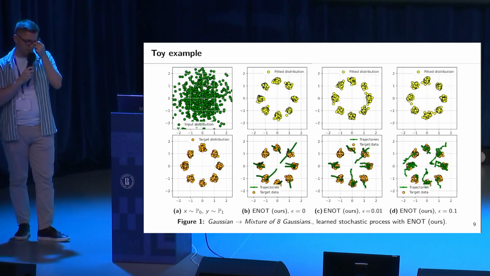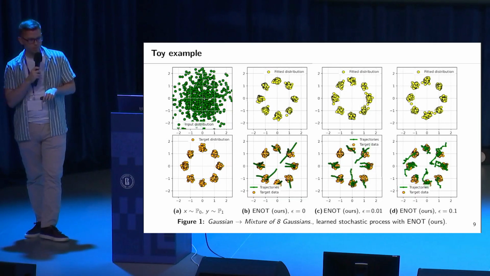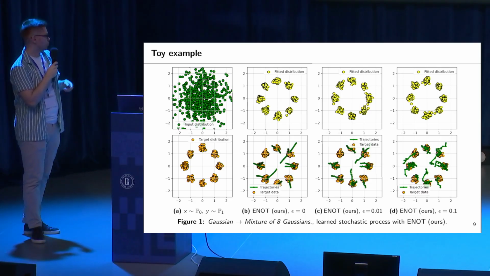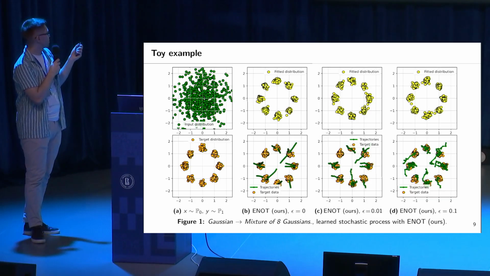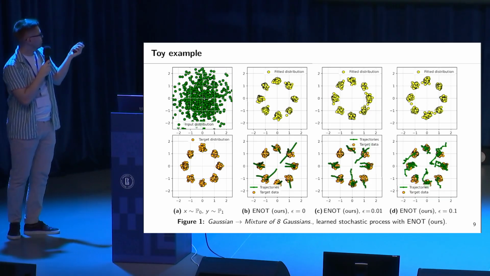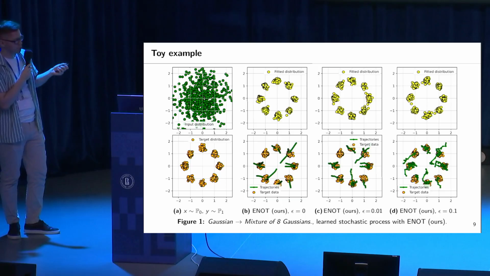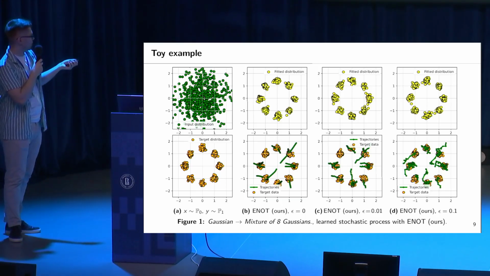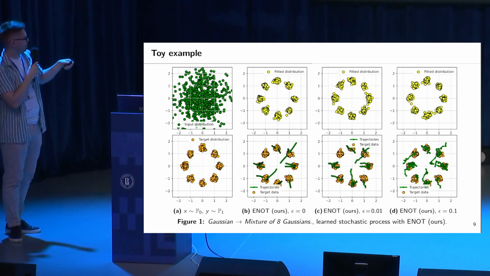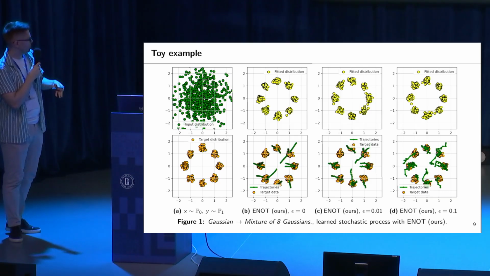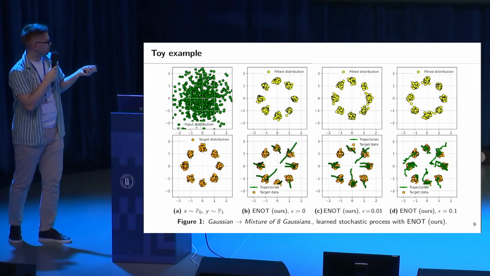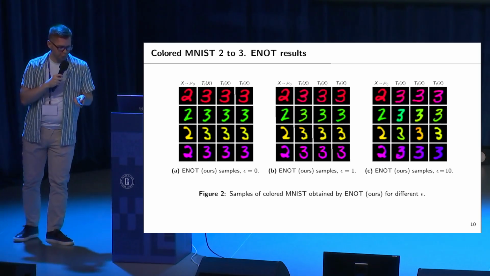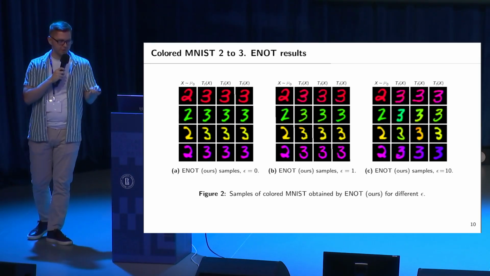Okay, so we started with a very simple example, as in every new theoretical paper about generation. We just considered a map between an input distribution, which is a Gaussian distribution, and a mixture of 8 Gaussian distributions. And we show that for epsilon 0, we obtained a process which has straight lines. For bigger epsilon, we see that there is more noise in trajectories. Then, as you know, usually in theoretical works people generate MNIST, but we went further.